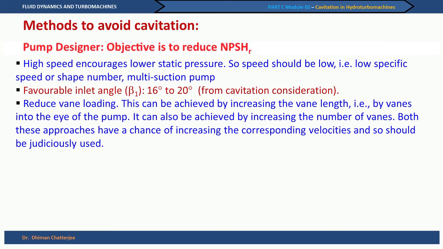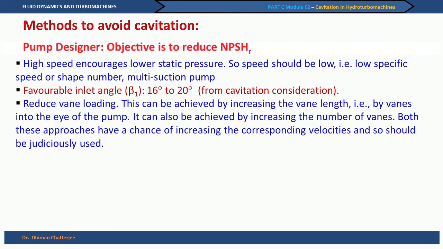We can also reduce the vane loading by increasing the vane length, but if you remember, if you have more vanes, that means the blockage of the flow passage due to the vane thickness will also increase. If the blockage increases, then the frictional drops will increase and the pump will not be able to perform that effectively.